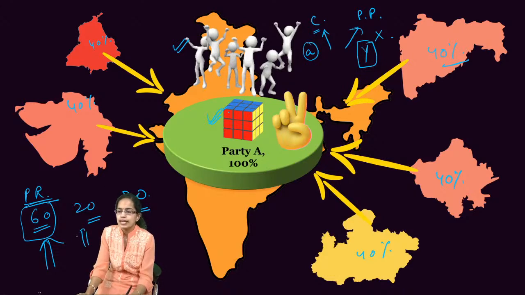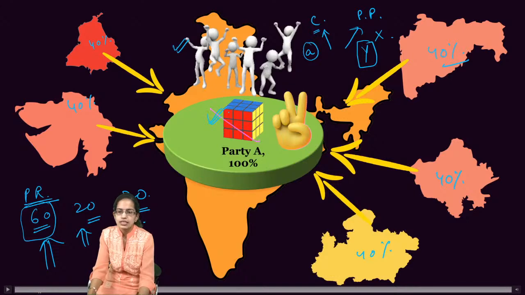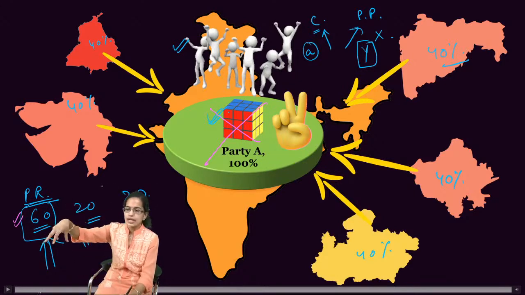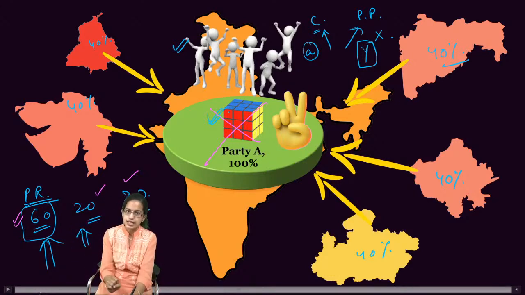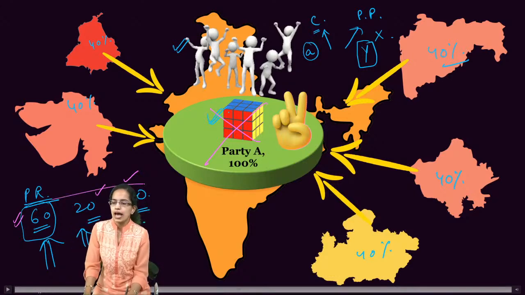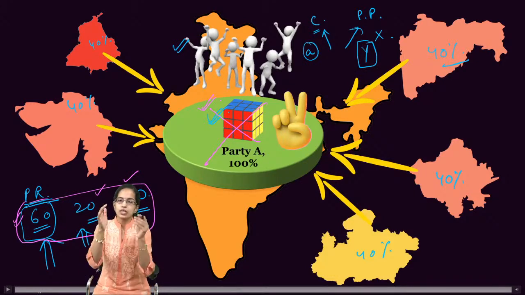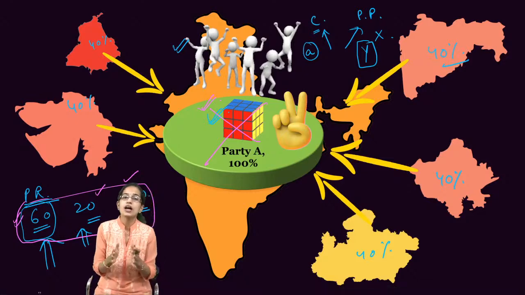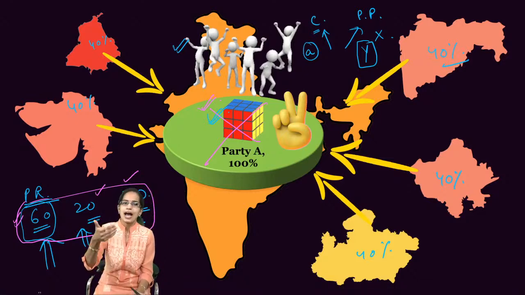Therefore, at the center level, it would not be a case where there would be just a single political party, but there would be 60% candidates from the winning party and 20% candidates from each of the other parties. This is the system which we call proportional representation. However, the one where only one party would be dominant would be a non-proportional representation, and this has been obtained from first past the post, which we have already discussed.